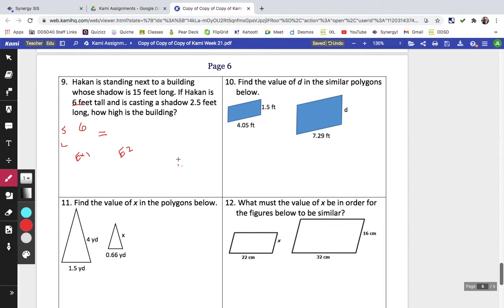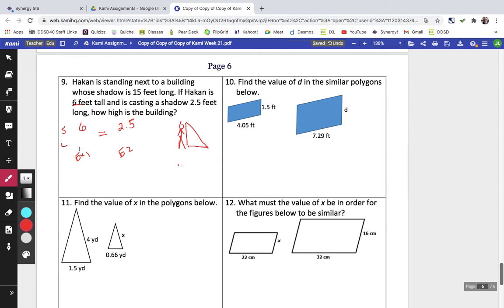And I'm going to draw a quick sketch of this because I may not be setting this up the way I want. So here's the person, and here's his shadow. And so I want 2.5 right there.